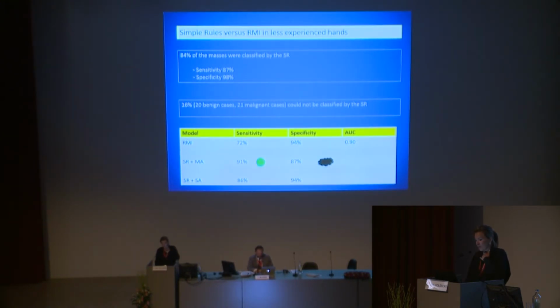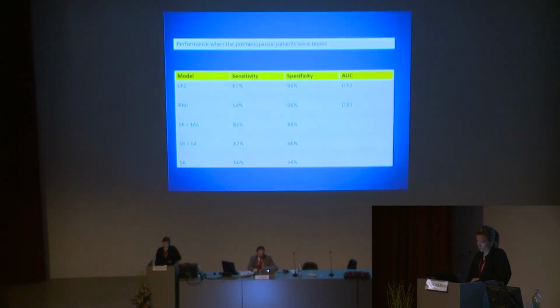Specificity was significantly less than for the RMI and was similar when simple rules and subjective assessment was used. Here you see the performance in the premenopausal patients with a very poor sensitivity for RMI and a similar performance when LR2 was compared with simple rules.